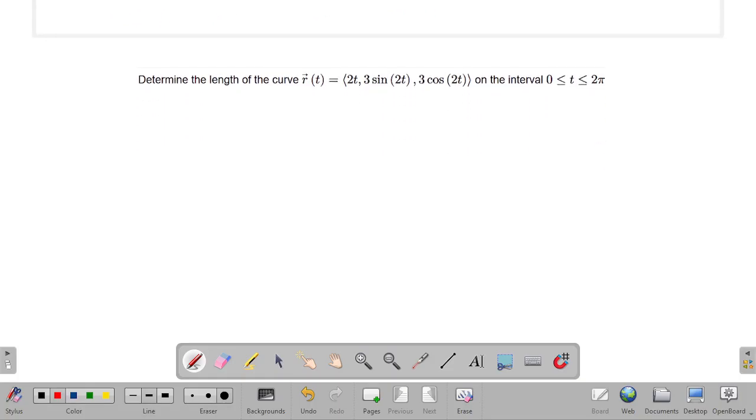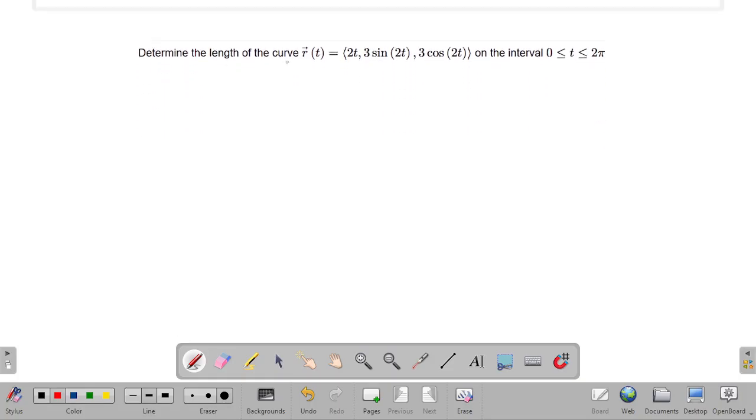I have a problem here, and it says: determine the length of the curve r of t given as 2t, 3 sine 2t, 3 cos 2t on the interval 0 less than or equal to t less than or equal to 2 pi.